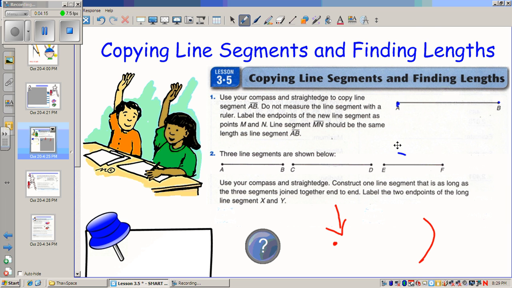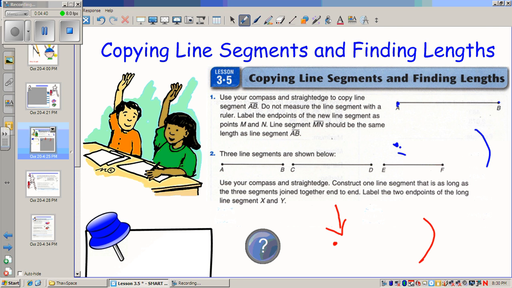I set my anchor on my paper right here, I go down and I swing with my pencil. Then, without measuring, I should be able to draw a line from my point to my arc, and that will give me my line segment. So again, something that we have to practice in class to get familiar with. And when you have a compass in front of you, it makes a lot more sense.